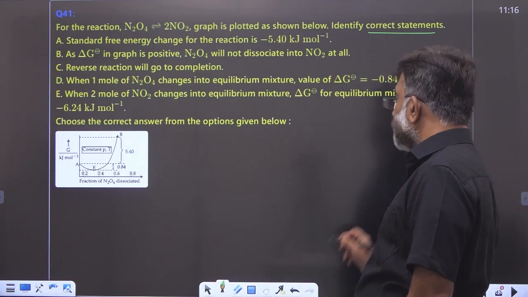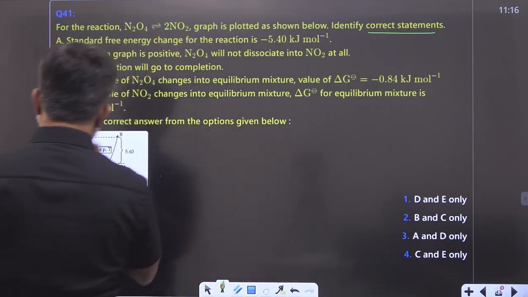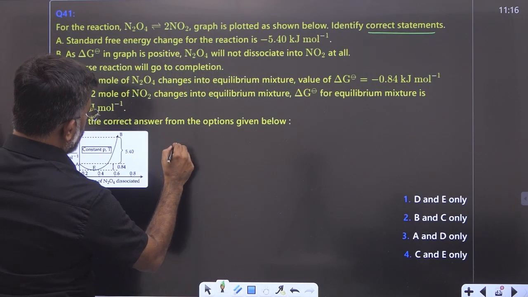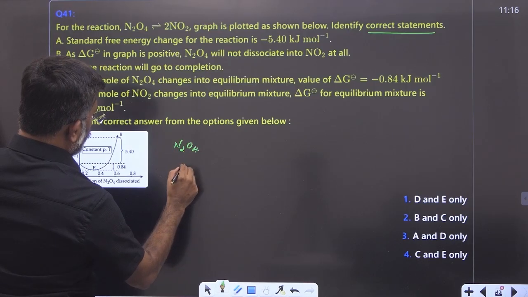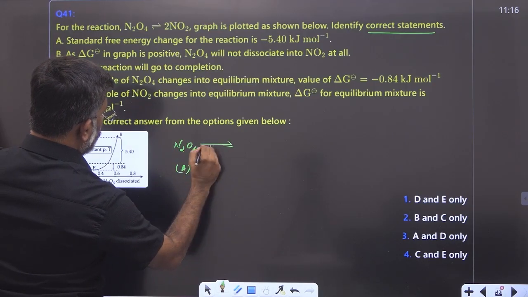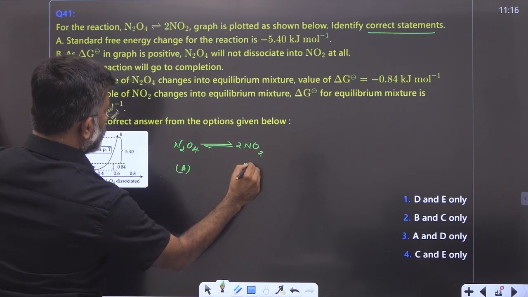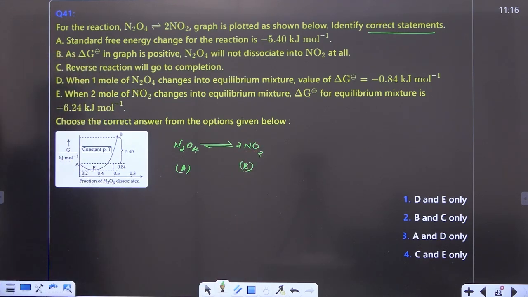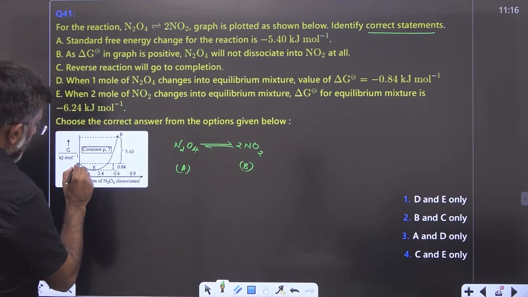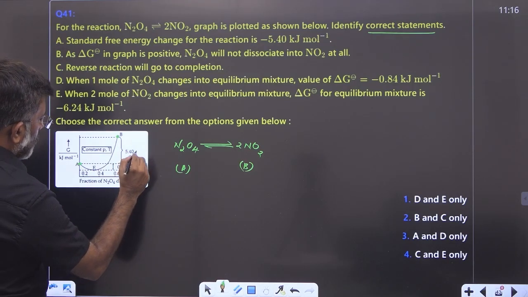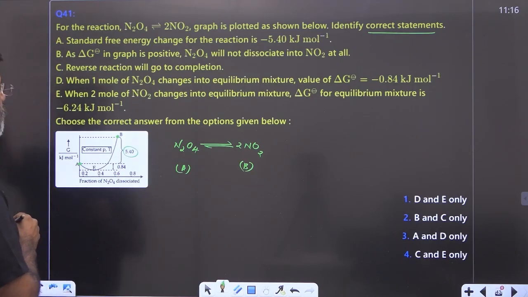You see the reaction A to B, that is N2O4, which is A, converted to 2NO2, which is B. A to B, delta G is minus 5.4? No, this is A, and this is B, and delta G is plus 5.4.